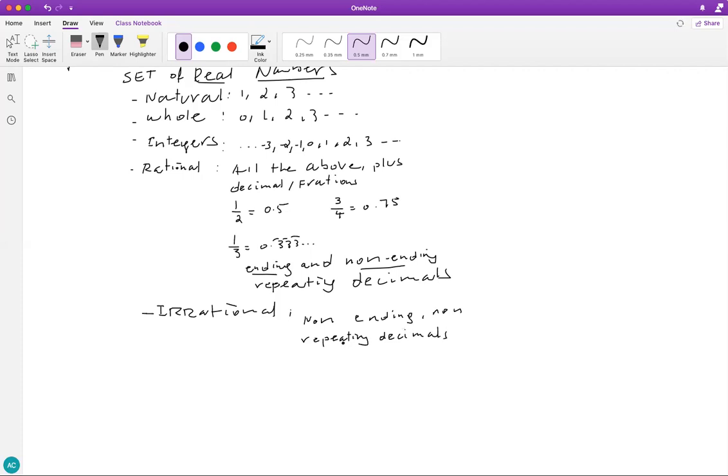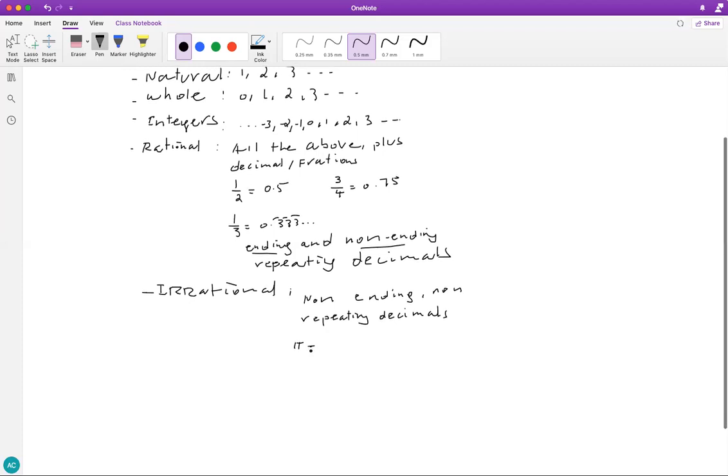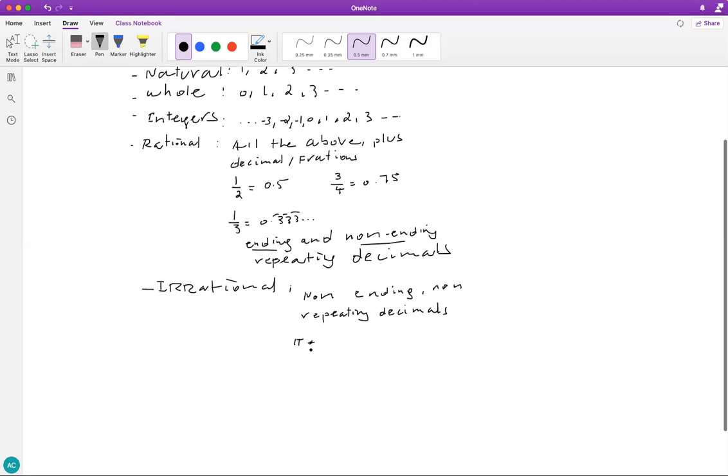Okay, and as an example of that, we have a famous number pi, which is a decimal. This number is a constant. It's 3.14, 15, I believe 65, and so on.